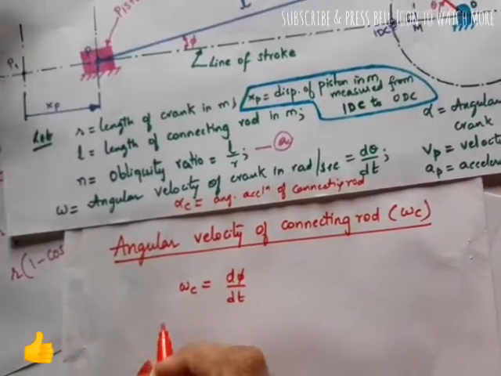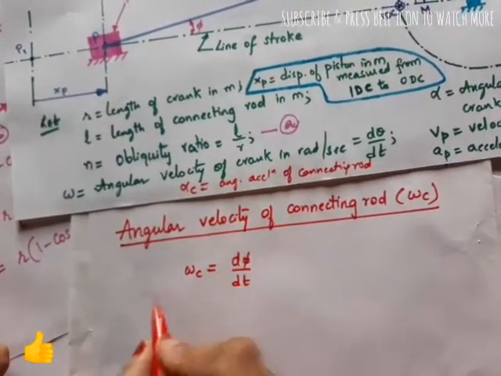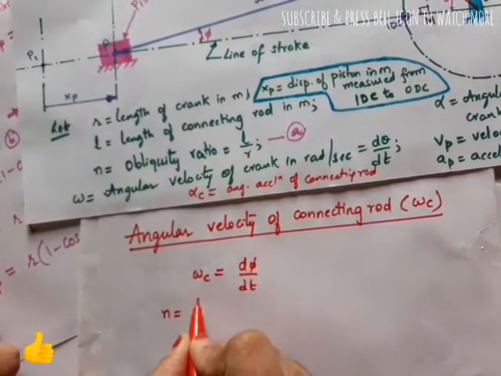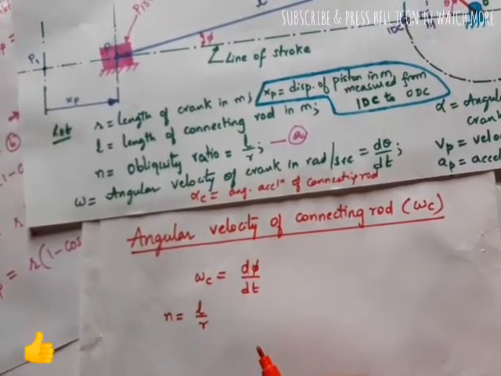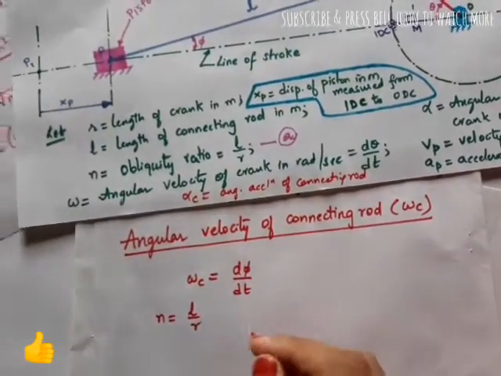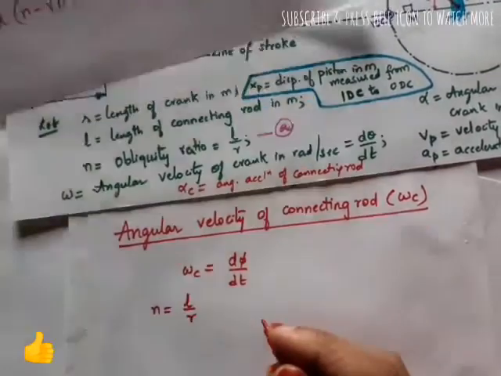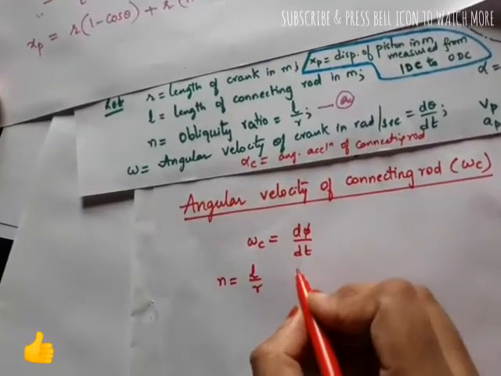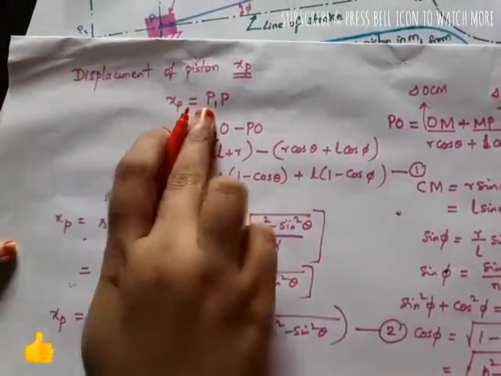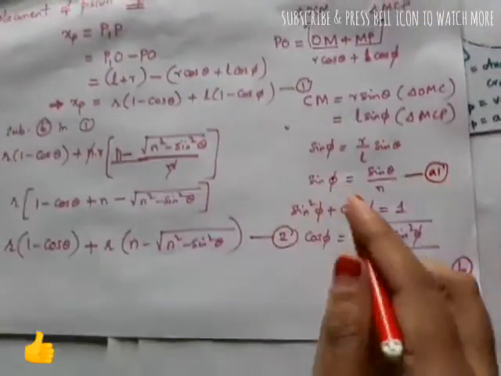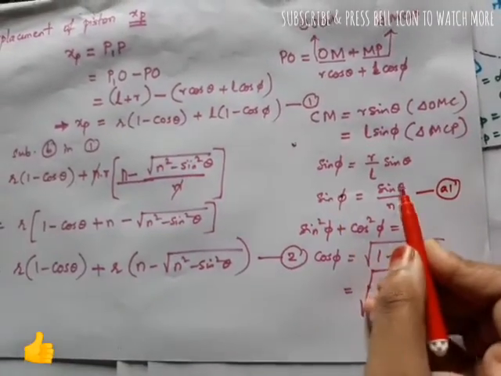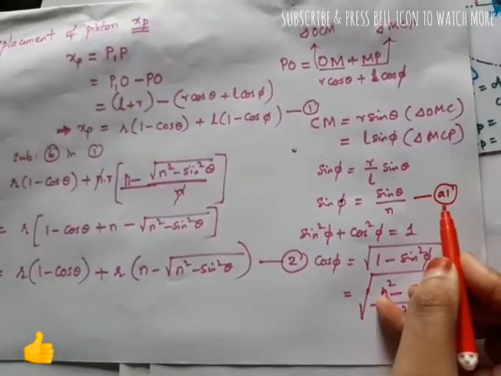From our previous derivation of displacement of piston, we have got sin phi is equal to sin theta by n, where n is equal to L by R. Let this be equation number A1.